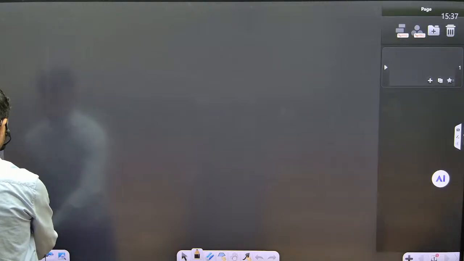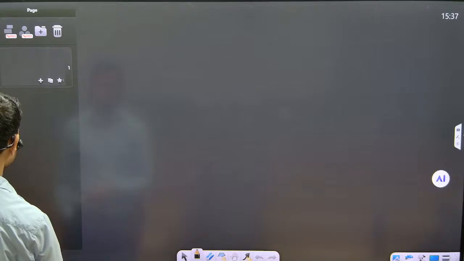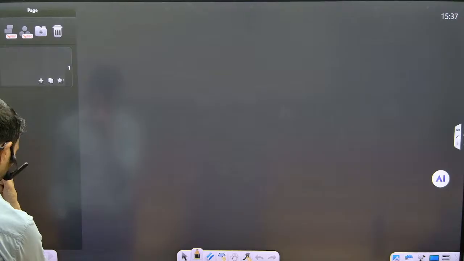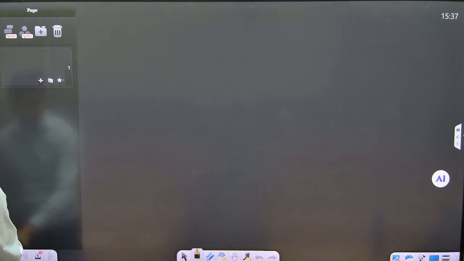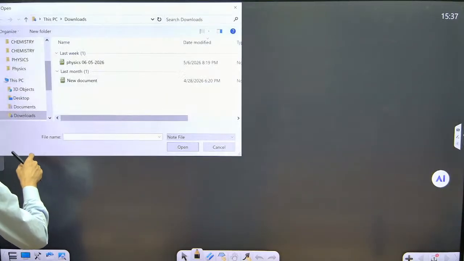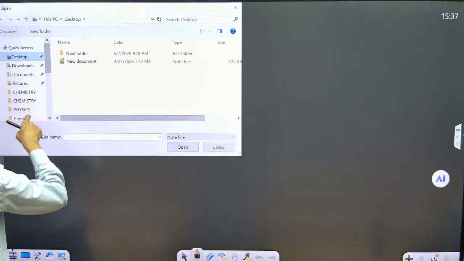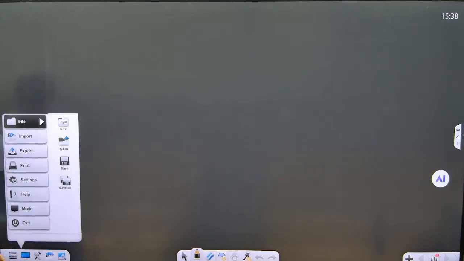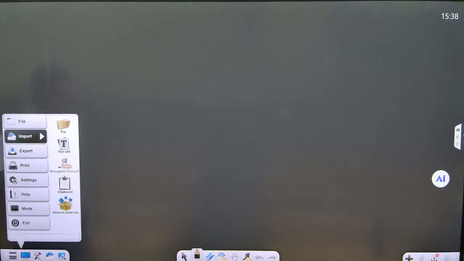Oh no, there it is gone. Did it get saved? That's gone.